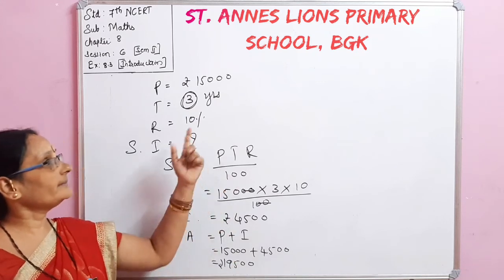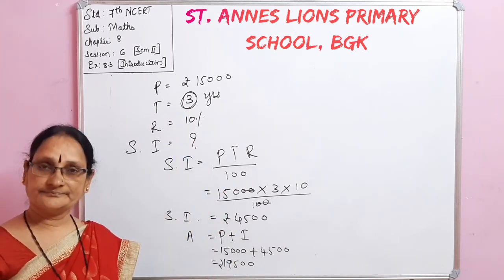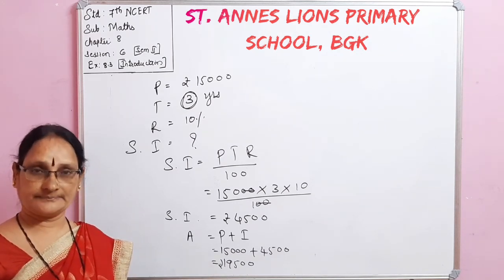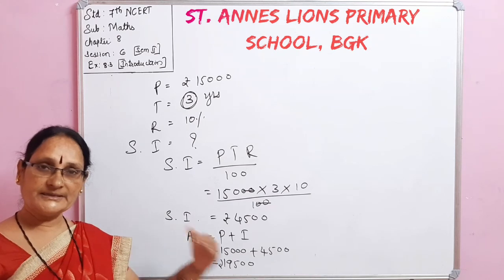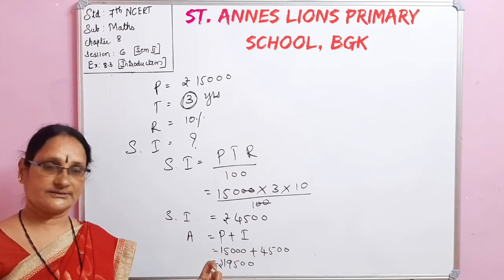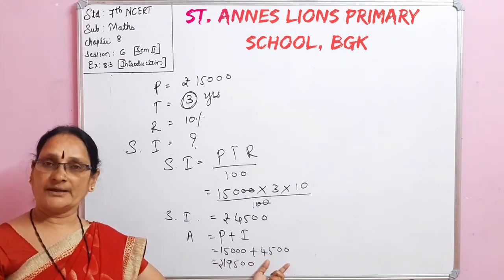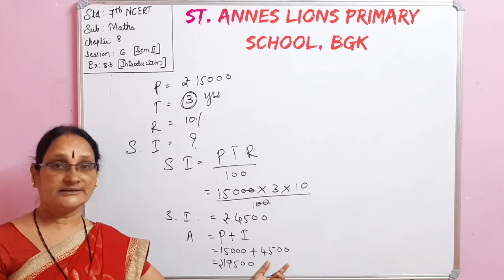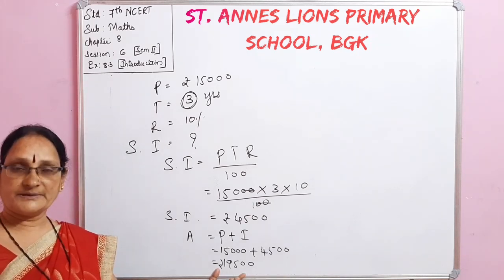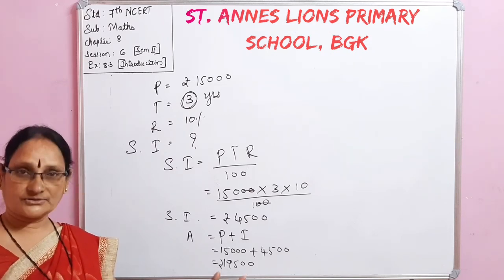If I keep the same money in my house, I am not going to get anything. So instead of keeping extra money in the house, if you keep it in the bank, the bank will give you a small amount as interest. So this 4,500 is the interest. If I keep this amount in my house, I am not going to get anything. So principal and interest together is called the amount.